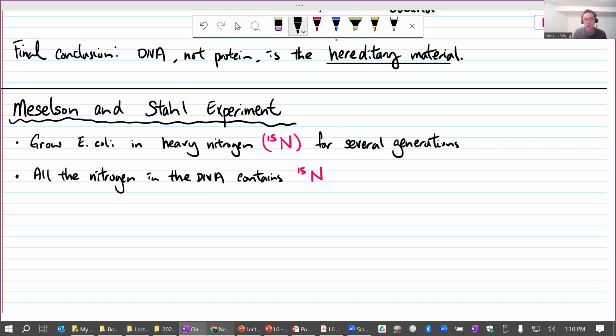Okay. So if you extract all the DNA and you put it in a test tube, again with liquid in it, and you spin it at really high speed, where do you expect the N15 to be? Where do you expect the DNA to be? Is it at the top? Is it in the middle?